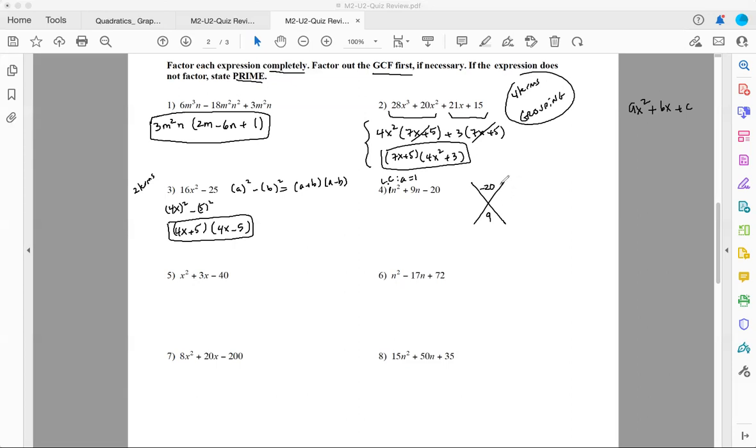So what two numbers multiplied to negative 20 add up to 9?